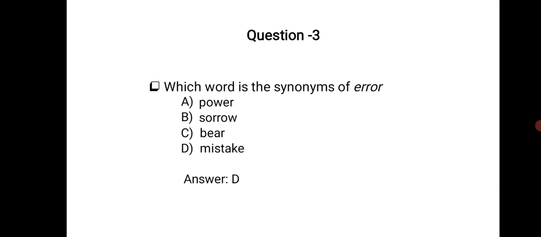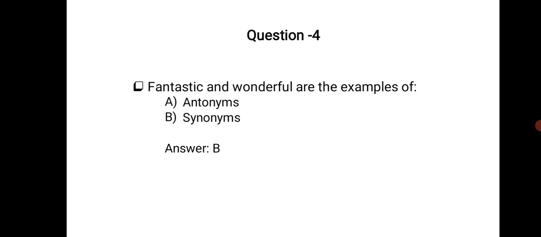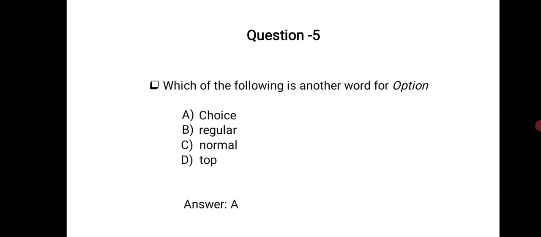I have brought some questions as objective type to find the right answer among the four. This is how they give: which of the following is another word for option? I have given four: choice, regular, normal, and top.